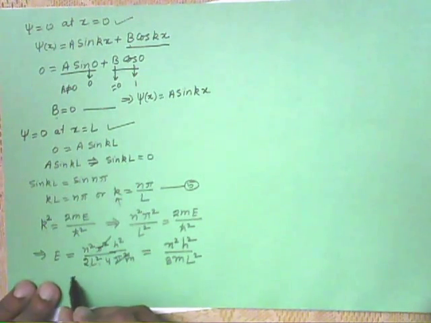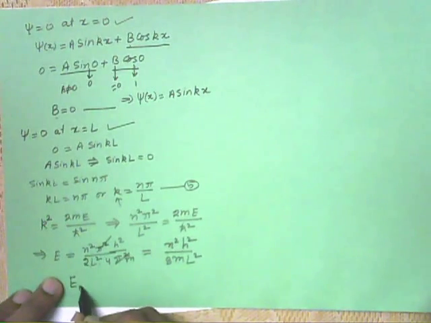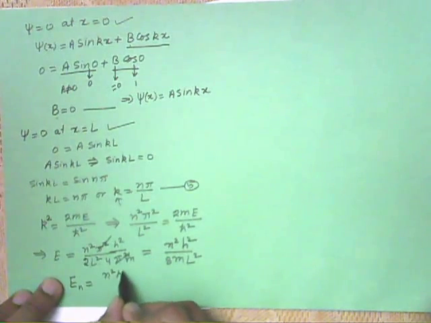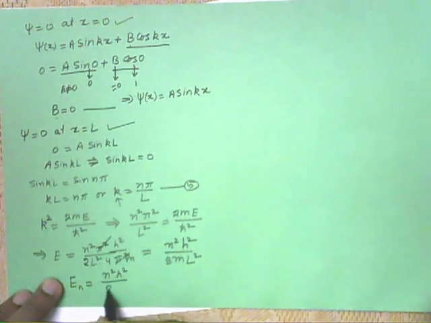So in general, E n is equal to n square h square upon 8mL square.